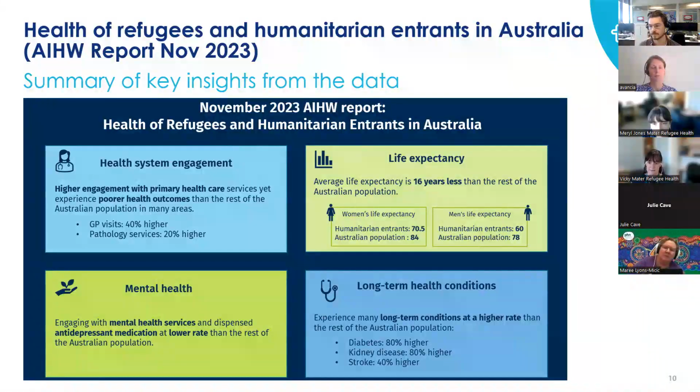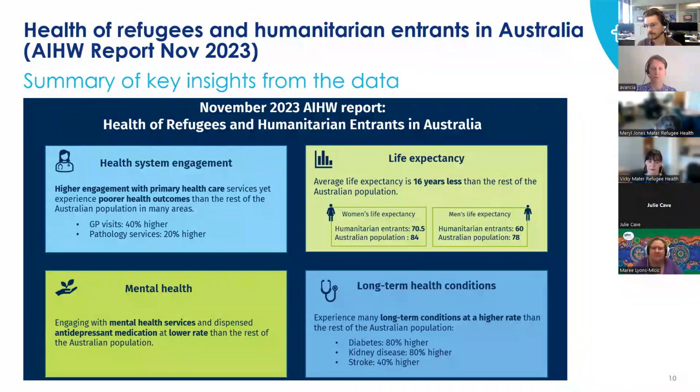Their life expectancy remains lower, and they have longer-term health conditions at a higher rate than the rest of the Australian population, particularly diabetes, kidney disease and stroke. Mental health, interestingly, is a flip of that, where they're engaging in lower services and there's less antidepressant medication dispensed to this population group.